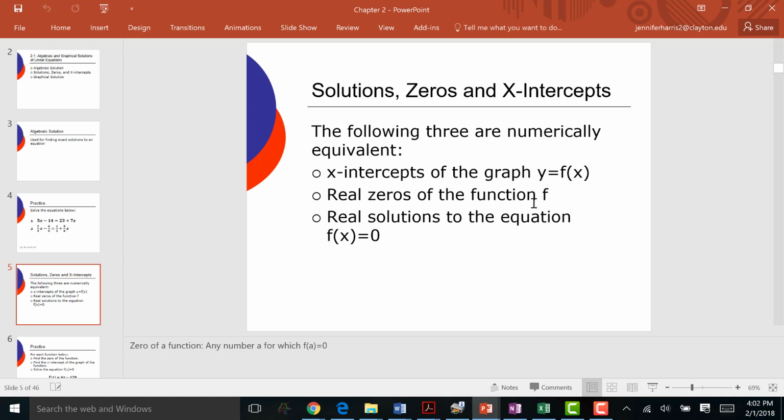Okay? It's where the function equals 0. So let me look at that last bullet again, because I want to make sure you understand it. You see where it says it's where f of x is equal to 0? What does f of x refer to again that we learned a few slides back? It's the same thing as y? Yeah. So it says it's where y is equal to 0.